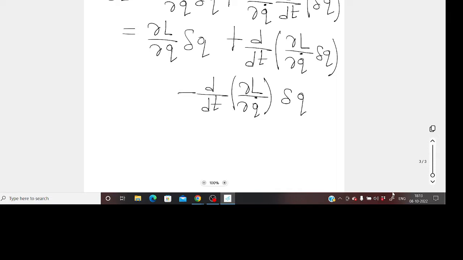This is equal to d dt of del L del q dot, into delta q, plus del L del q dot into d dt of delta q, right? So I've written that. That's just a simple thing. So we have found this, and this is actually delta L. So the integral of delta L dt equal to 0. Now replace this thing here.